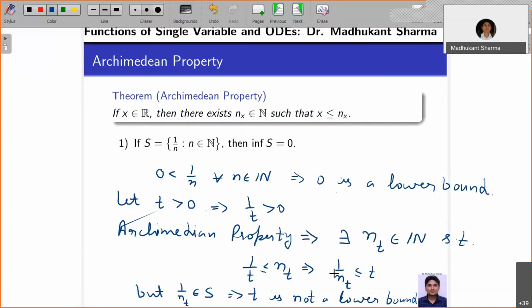If you take any member sitting on the right of nt, it will satisfy this condition. But what about the left? It's saying there exists an n.